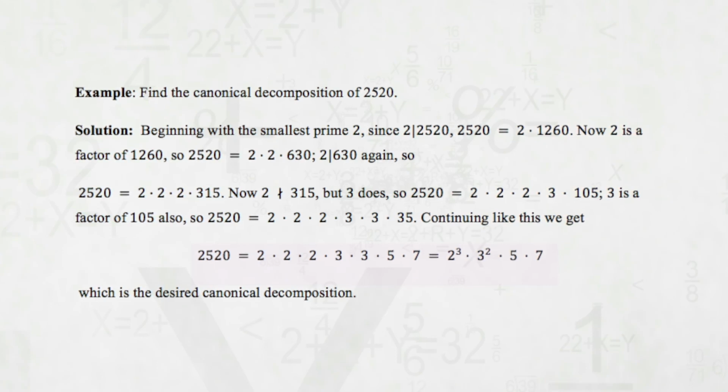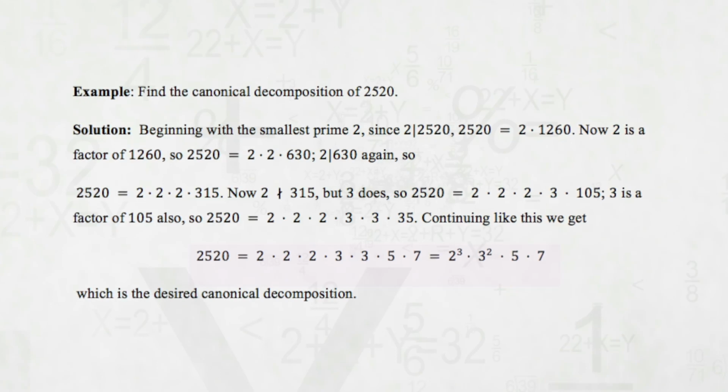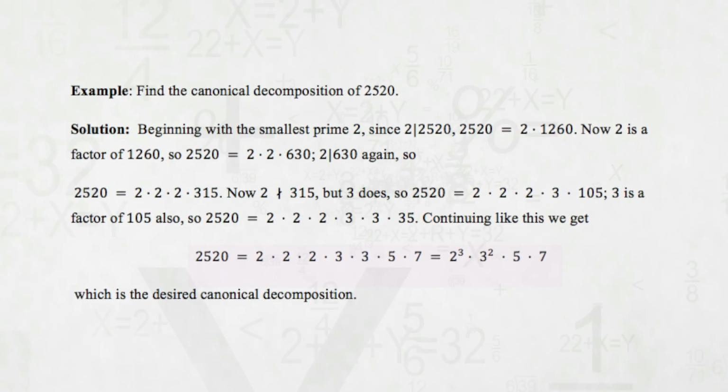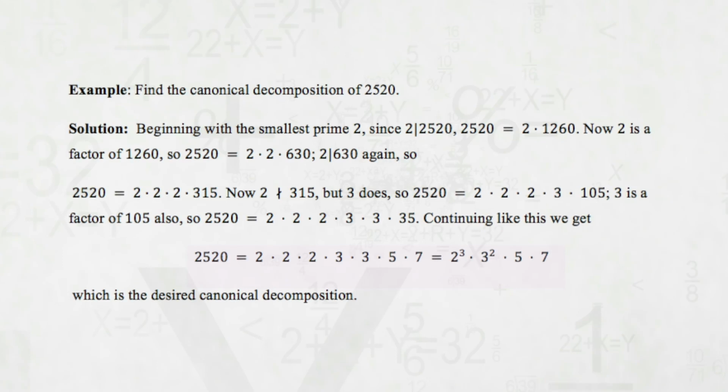So we are going to find the canonical decomposition of 2520. Beginning with the smallest prime 2, since 2 divides 2520, 2520 can be written as 2 multiplied by 1260.